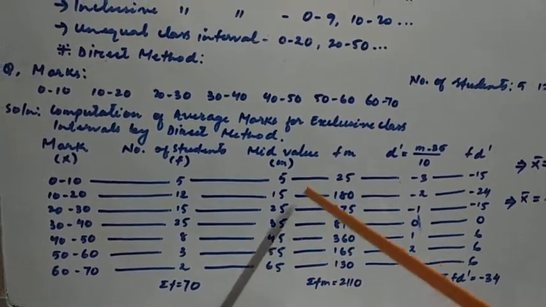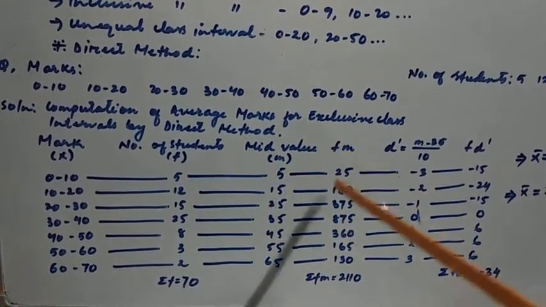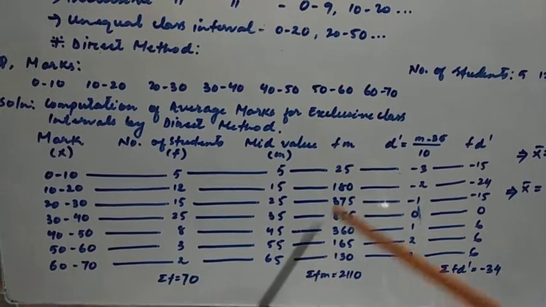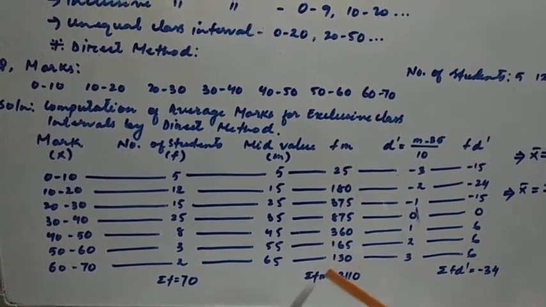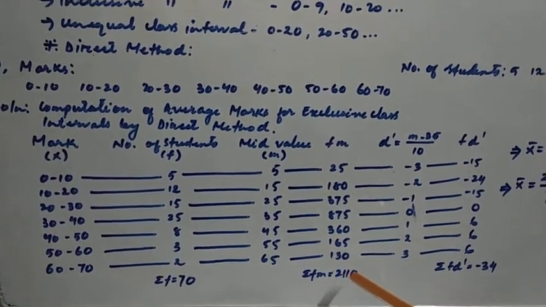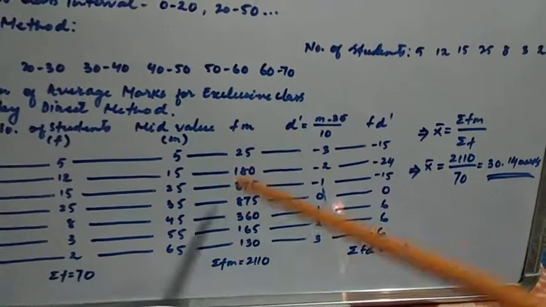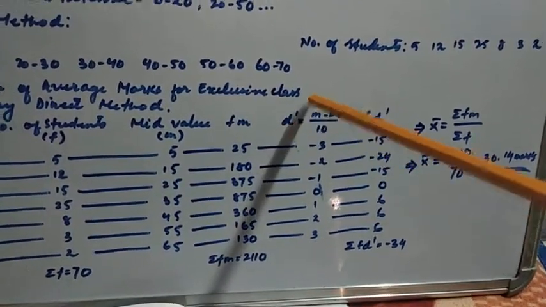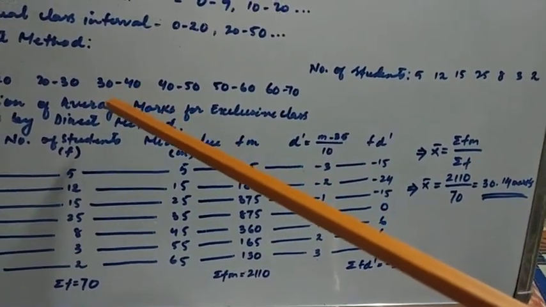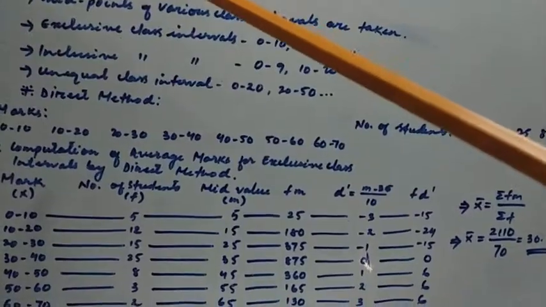So first find out fm. You have to multiply these two, and we have this summation fm. After obtaining this fm, you sum up all the fm, and what we got is 2110, because in the formula we have summation fm. And how do you find d dash? Very similar to the ungrouped data that we have discussed, even for the discrete series.